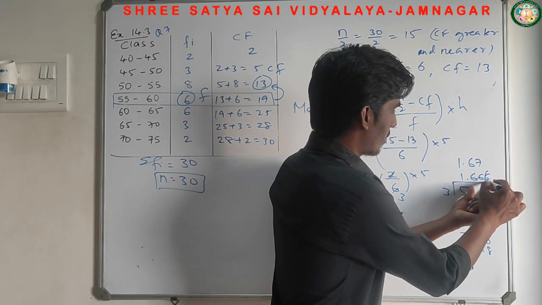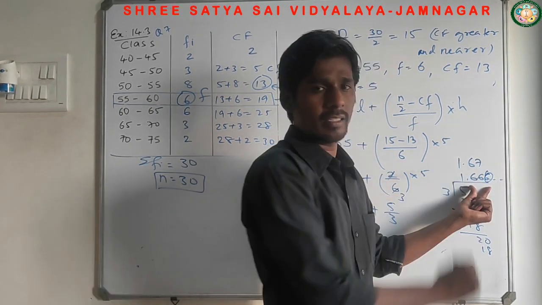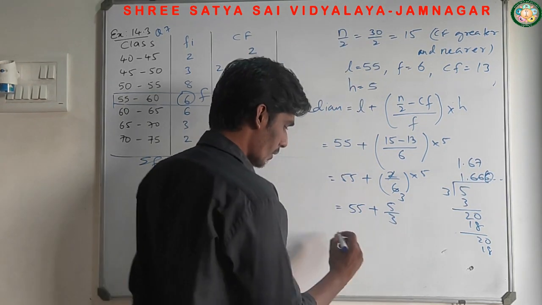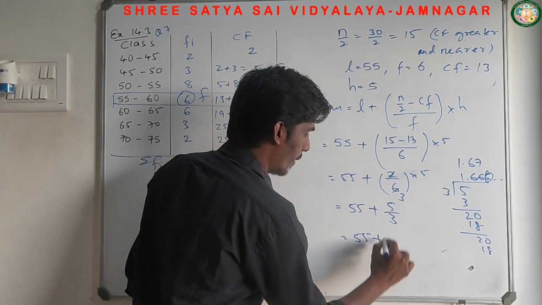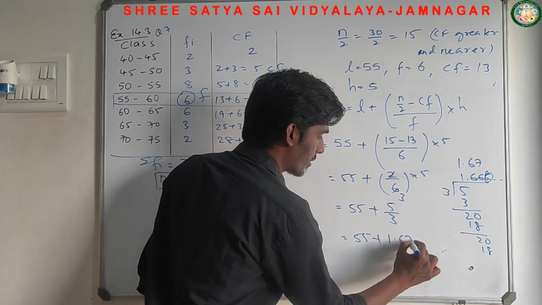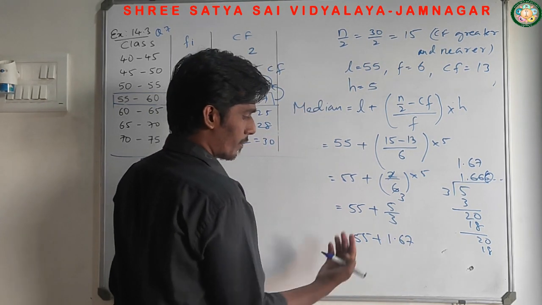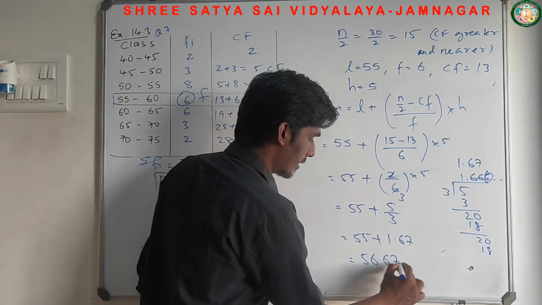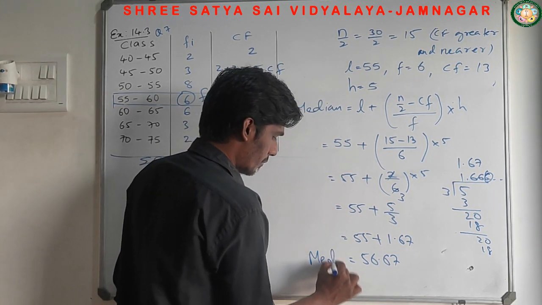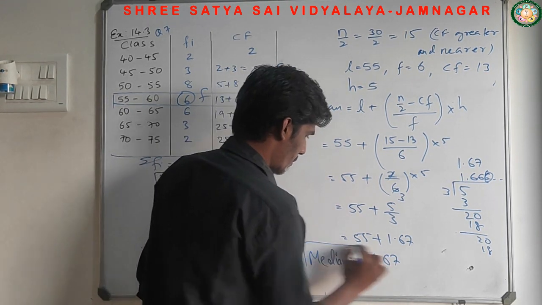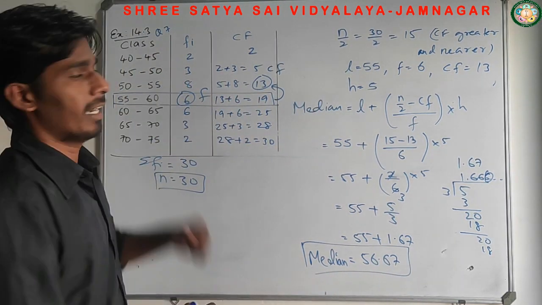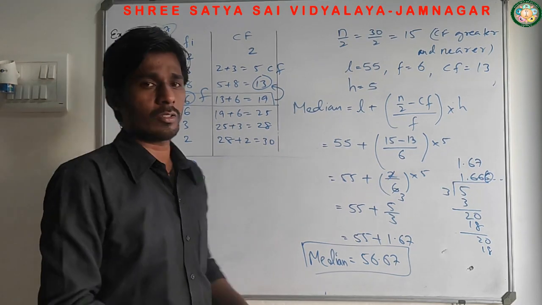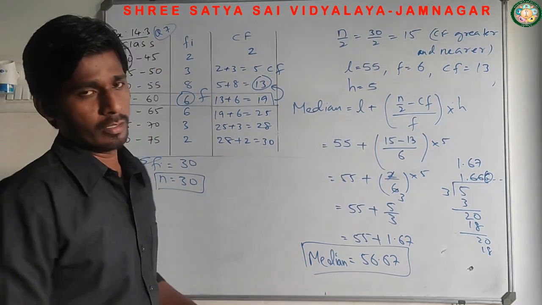As 6 is greater than 5, you round up the next digit to 7. So 55 plus 1.67. The sum of these two is 56.67, which is the median for the given question, the last question of 14.3. So this is the way we can solve to find the median for grouped data.